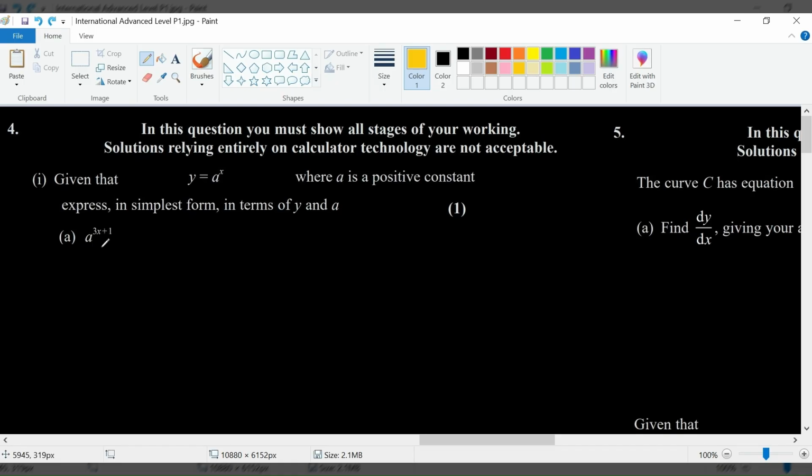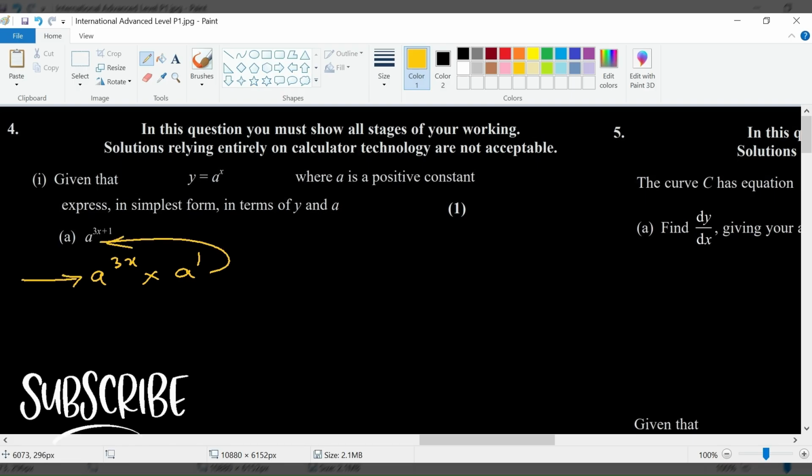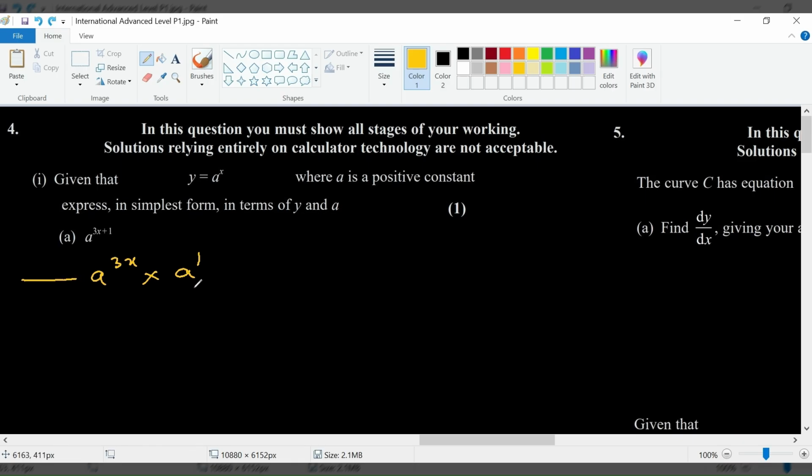So if powers are adding here, that means this is a multiplication. So we can simply write this as a to the power 3x multiplied by a to the power 1. I'm simplifying in two stages.